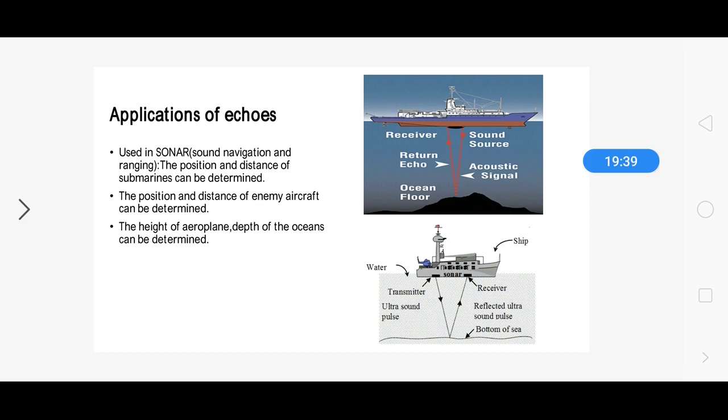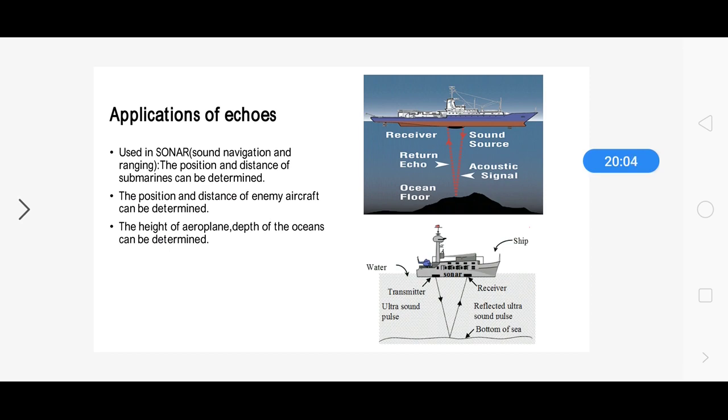We can observe any objects moving under the sea, and the position and distance of enemy aircraft can be determined. The height of the aeroplane or the depth of the oceans can be determined. In this echo concept, we can calculate the height of the aeroplane also.